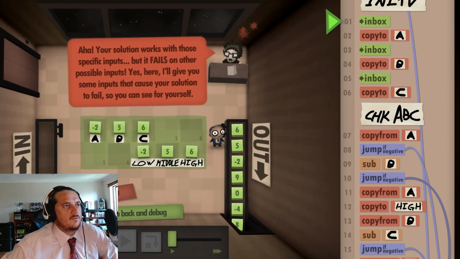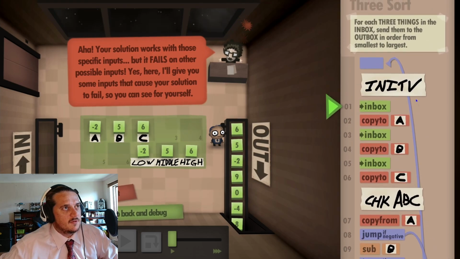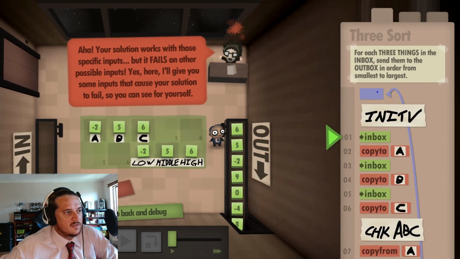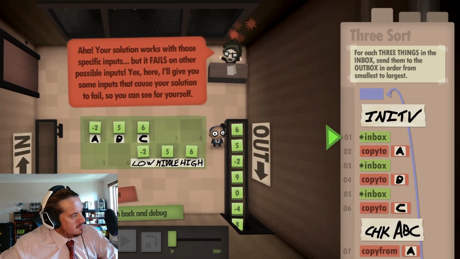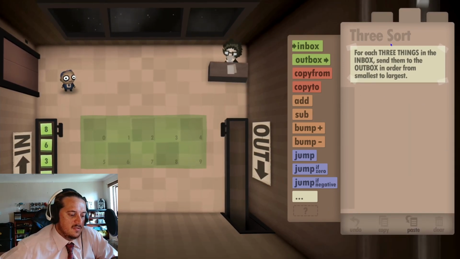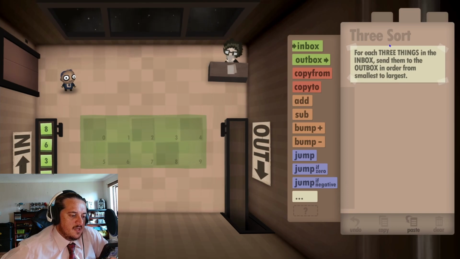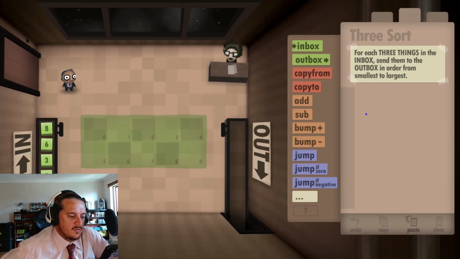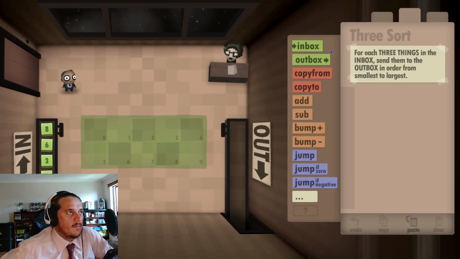I'm going to try to do what this guide's saying, because I'm just not going to get this. I'm missing some step and I've gone too far. So what they're saying is we want to compare the first two numbers and place the small one in box 0. Okay.